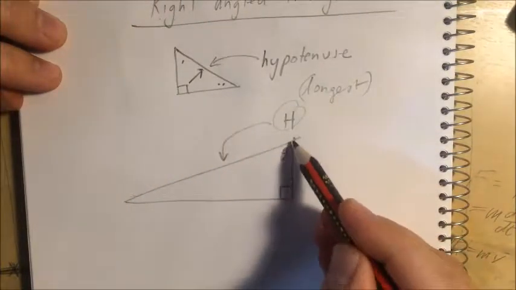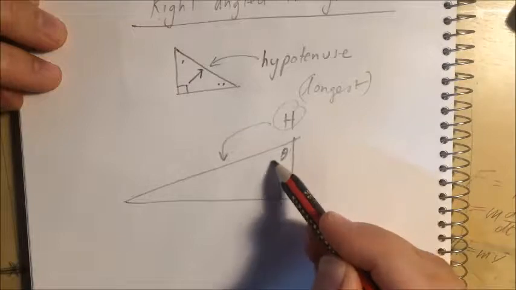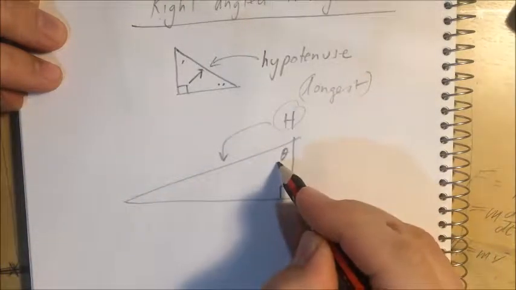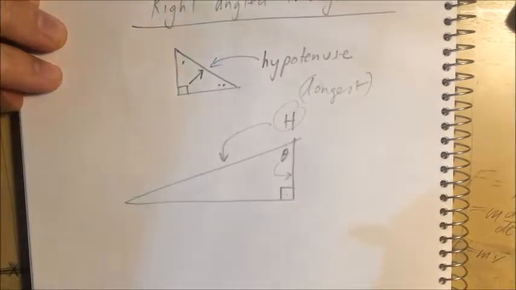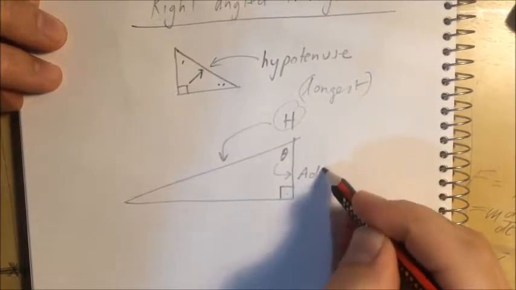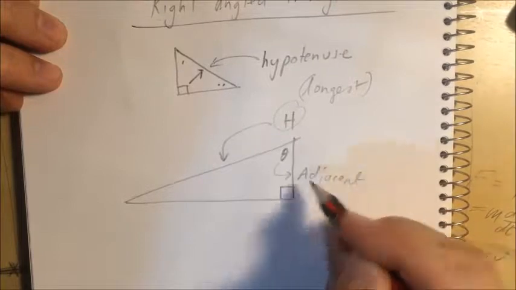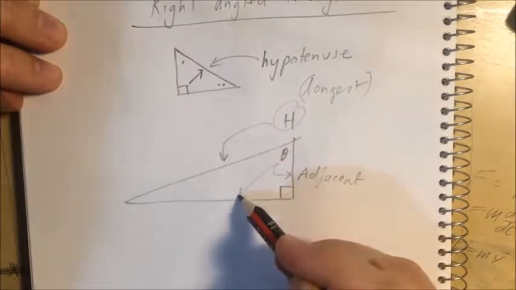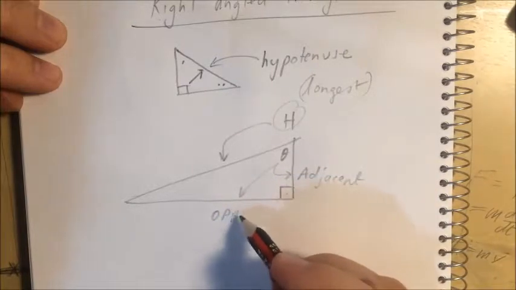Because we're interested in this particular angle, theta, this side here would be called the adjacent, because it's next to the theta, and this one here is the opposite.